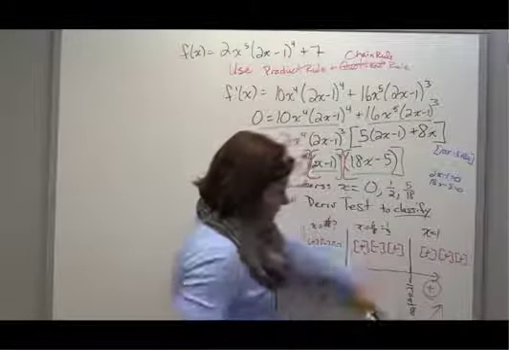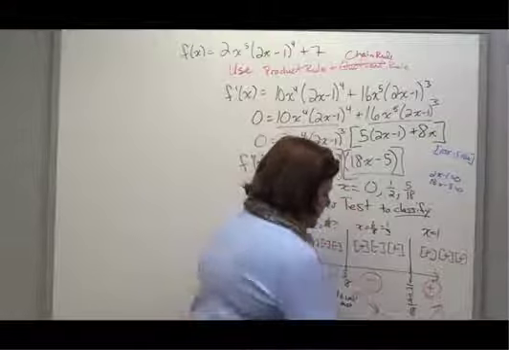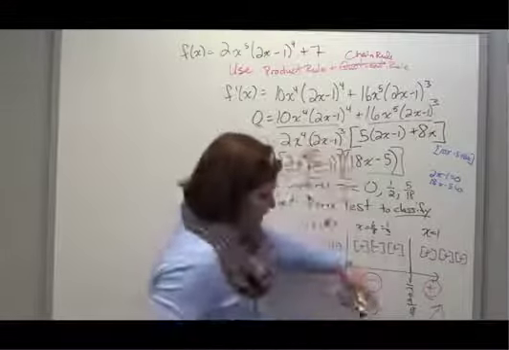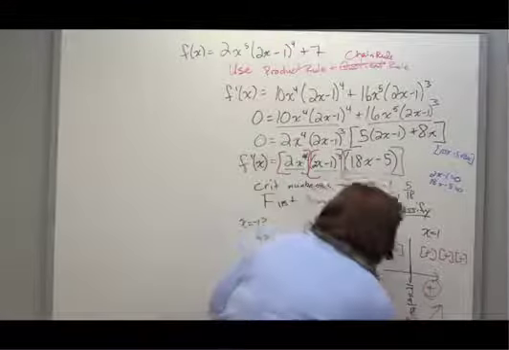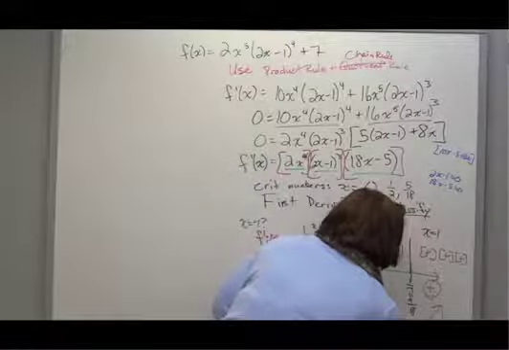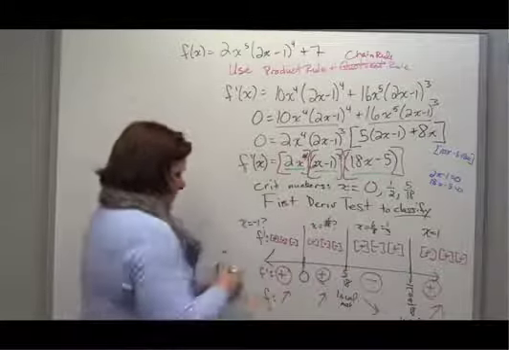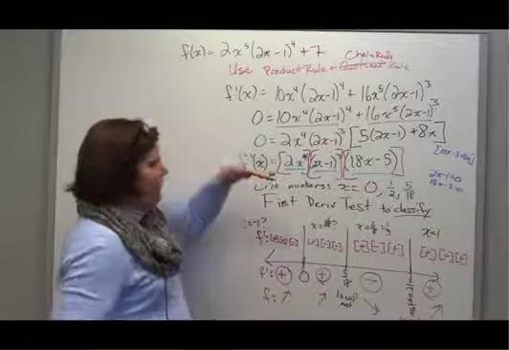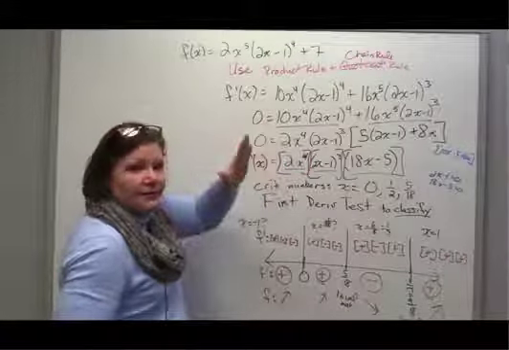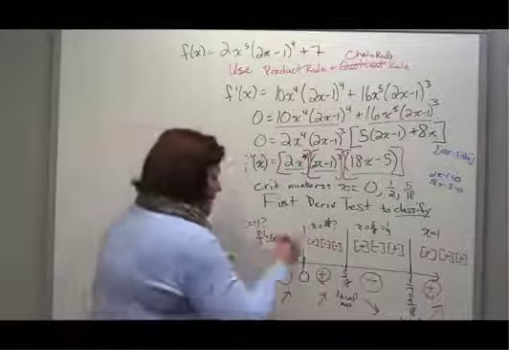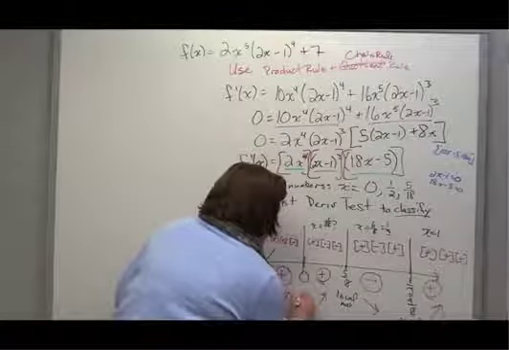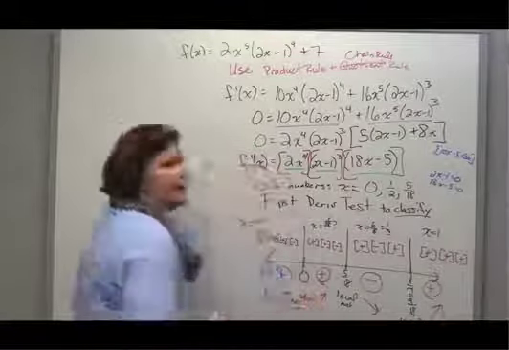And when f prime changes from negative to positive, f changes from decreasing to increasing, so we have a local min. And here we were increasing briefly, the horizontal tangent line, and then increasing again, so as far as local extrema, that means neither.